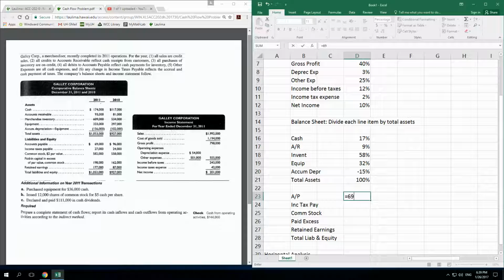Okay. Again, now we're going to take everything, so that includes the liabilities. We're going to divide them by total assets. And paid in excess 198. Did I skip one?